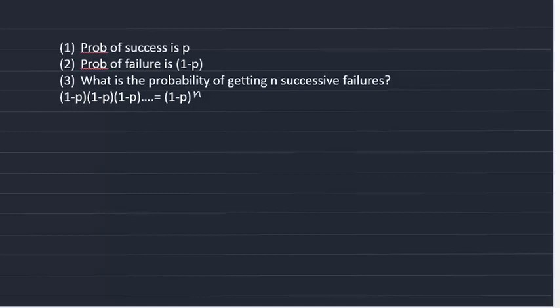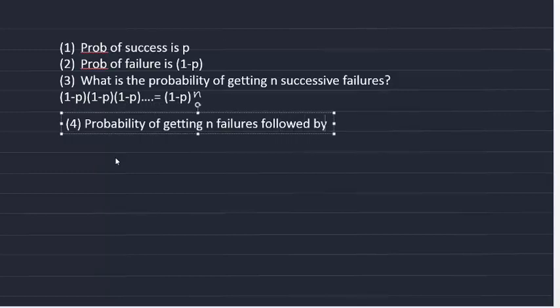So now, what is the probability of getting n failures followed by 1 success? Well, we can just follow the reasoning that we've built.